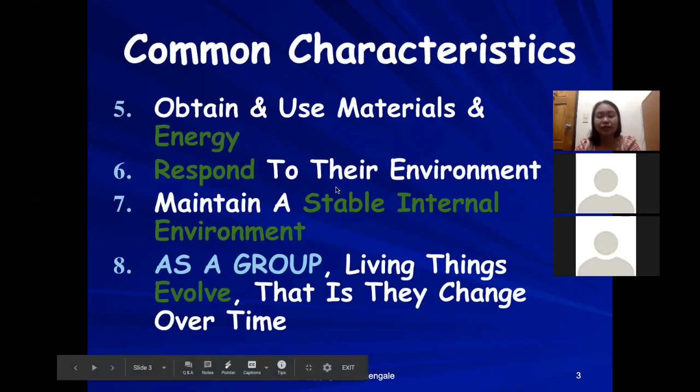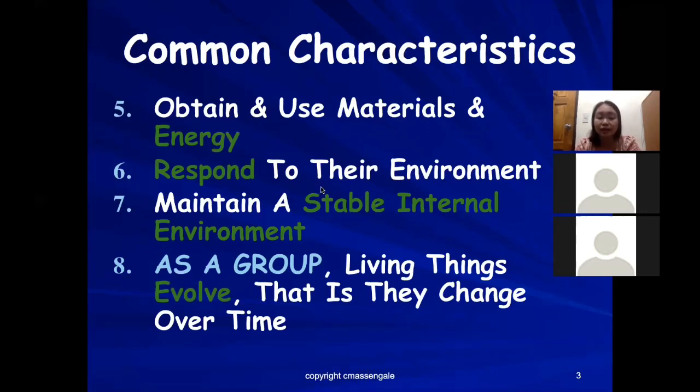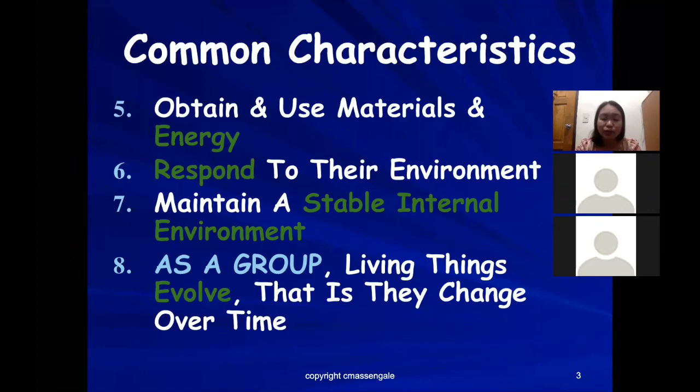Like if it's cold or hot, we are affected by the weather condition and all the surroundings in our environment. We also maintain a stable internal environment. If our body is not stable or balanced, that's when we don't function well as a human or as a living thing, and even other plants and animals.